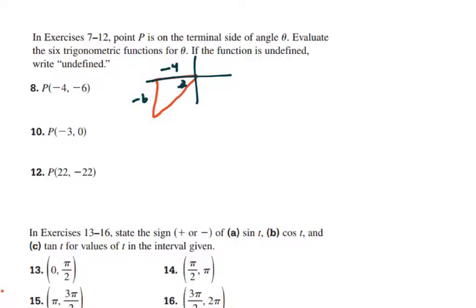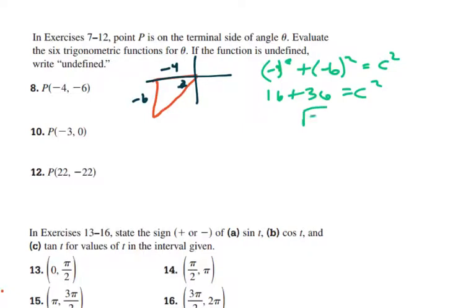I did not provide enough room on this. So, in order to do that, we're going to take negative 4, which is one of the legs, square it, add it to negative 6, which is one of the legs squared, and then that's going to be our hypotenuse squared, so 16 plus 36. So it looks like we have the square root of 50 as our C value.